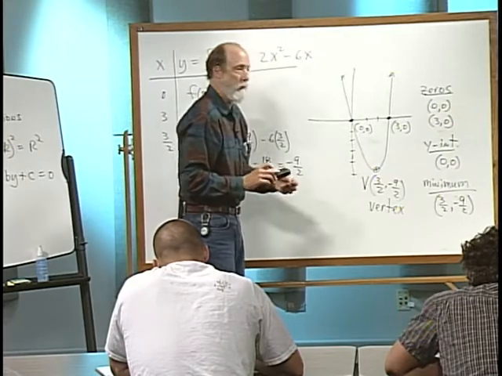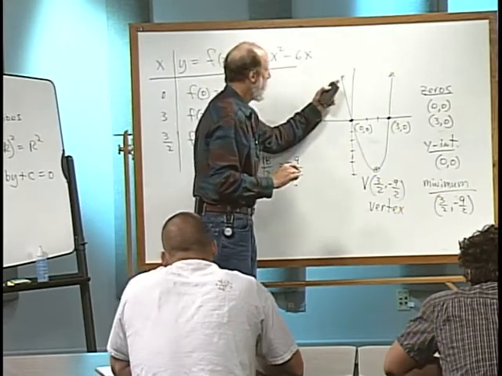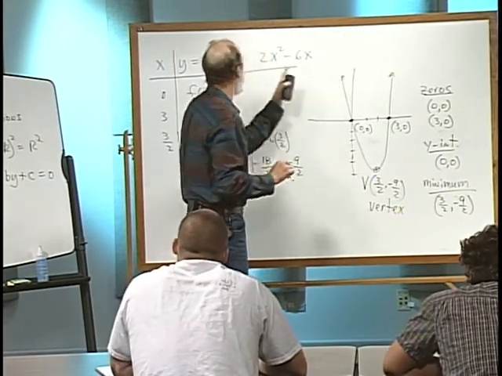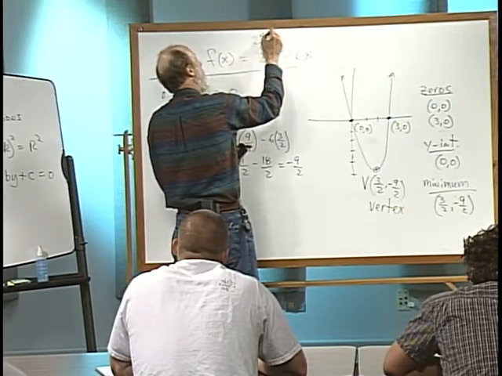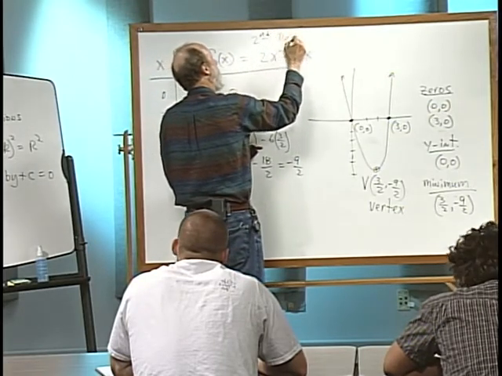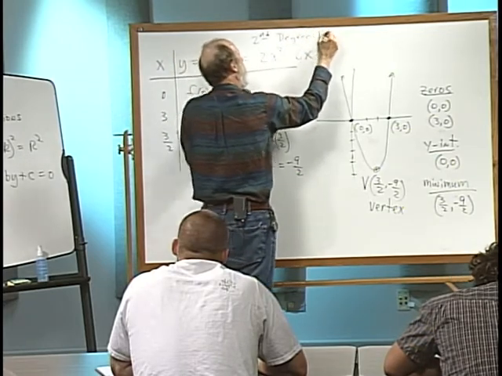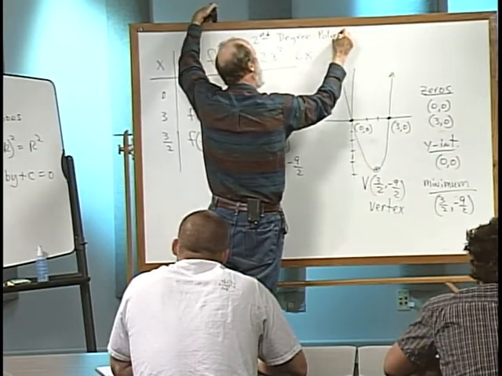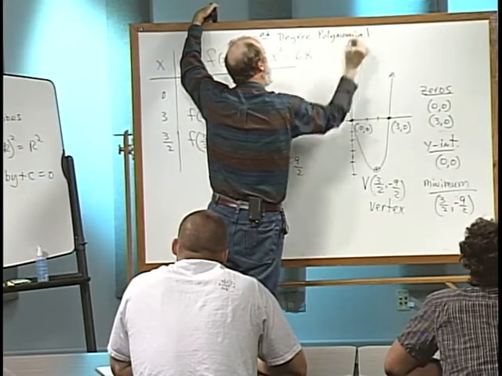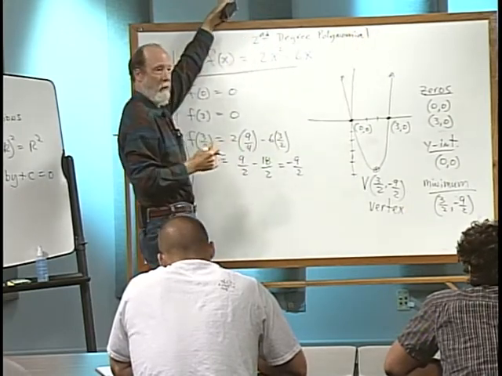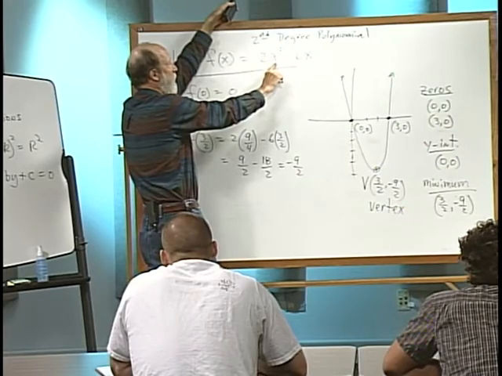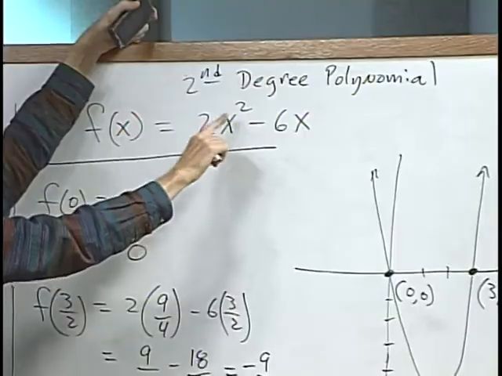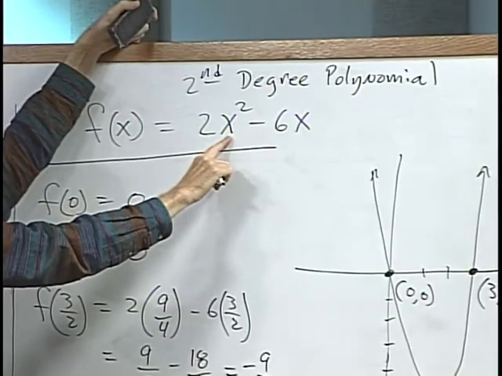A couple other features is that this particular function is called a second degree polynomial. That should be familiar vocabulary. It might be new to some of you. The reason it's called second degree is because in any given term, you look at the degree of the variables and add them together.